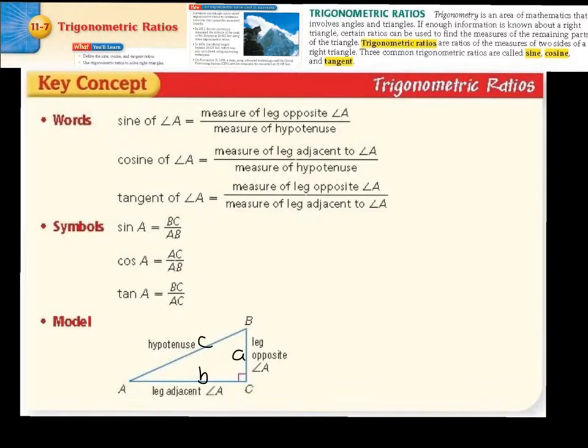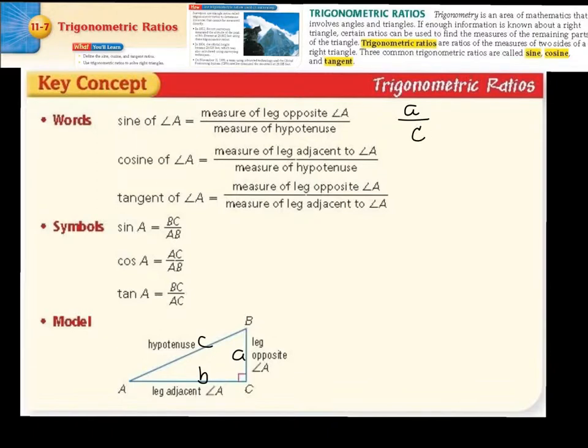Sine of angle A is the ratio of the side opposite. Opposite means not next to, it means across from. So we normally label that a, over the hypotenuse, which is the side opposite the right angle, the longest side of a right triangle. So that we labeled c.